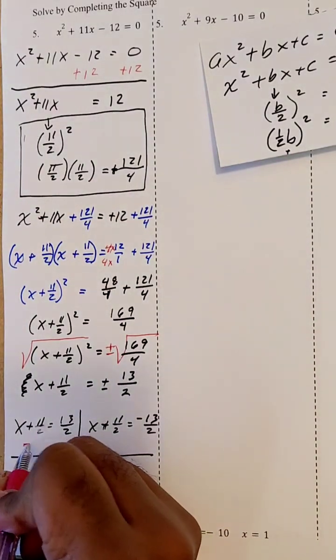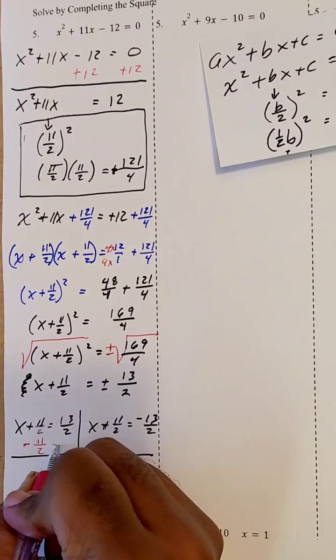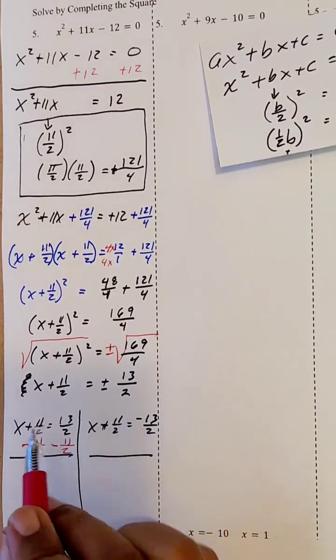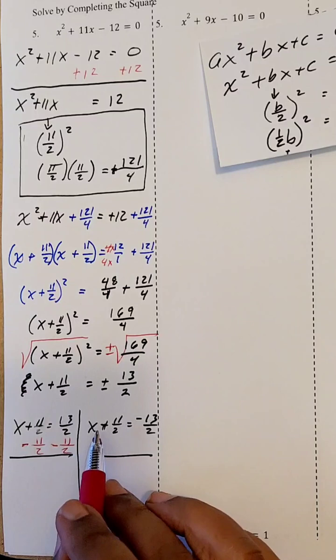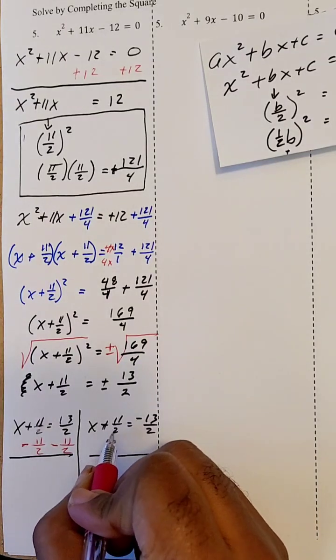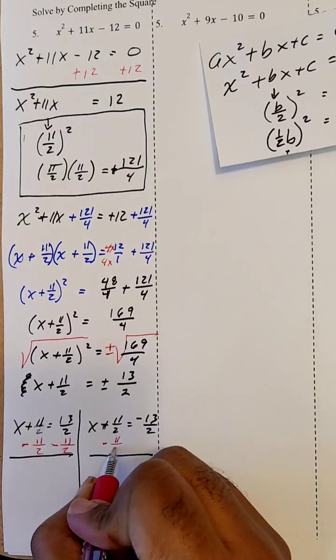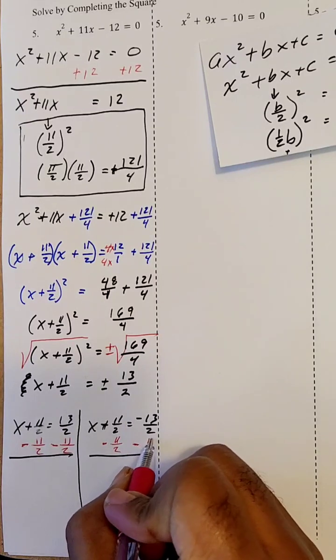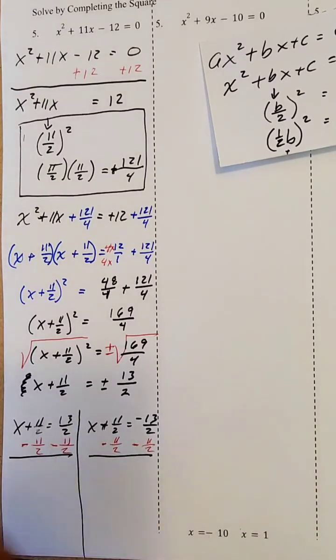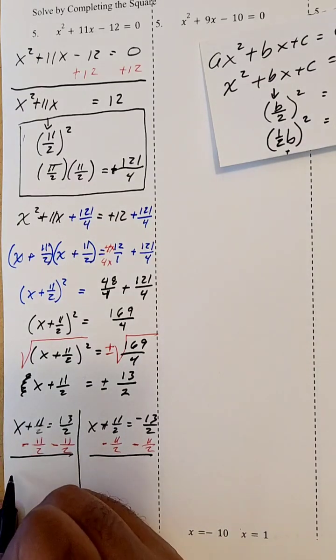So minus 11 over 2 here, and then another minus 11 over 2 there, because whatever you do on one side, you do on the other. And over here, I'm going to get rid of the positive 11 over 2 by using a negative 11 over 2. And then put another one on this side, because whatever you do on one side, you do on the other, in order to keep the equation balanced.